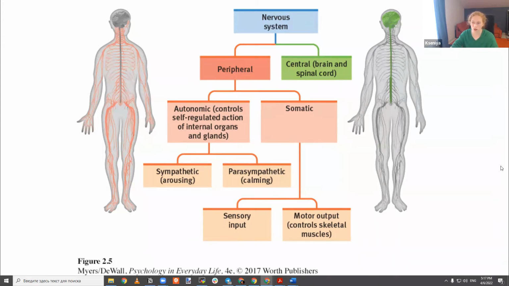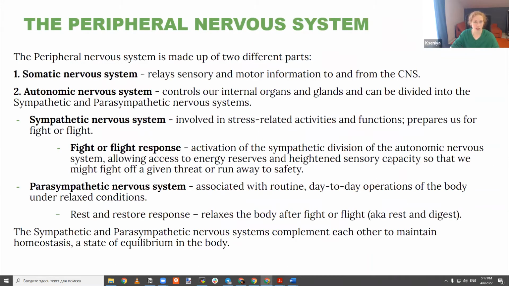The enteric nervous system controls the gastrointestinal system. I'll just leave this slide here for you, so you can remember the basic qualities of the different nervous systems as you review the material.